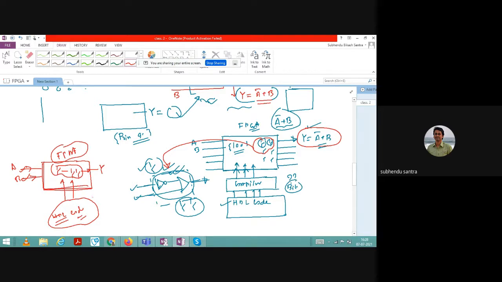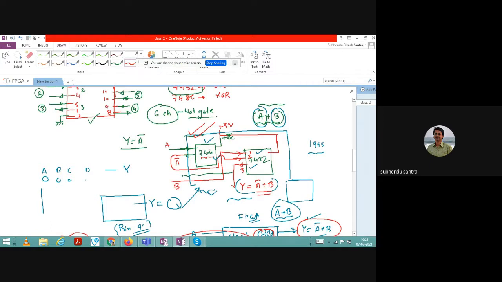And if I need to change or reconfigure it, let us say I no longer want A bar plus B, I now want A bar plus B bar, I can design that simply by editing this code, and the compiler will modify it, and the circuit will be redesigned automatically using the open-ended transistors, and then we can get our desired output. But in the case of this circuit, we have to use a different chip once again, and you need to rewire the entire system to get this kind of circuit.